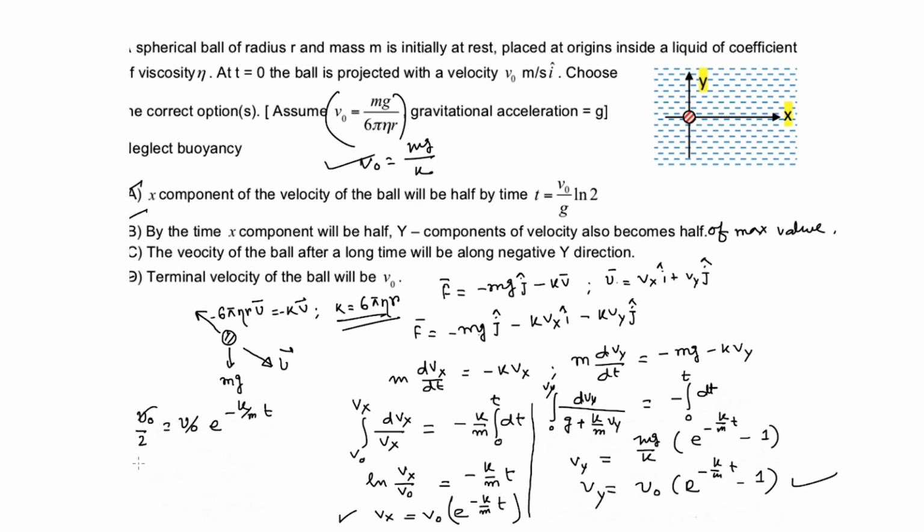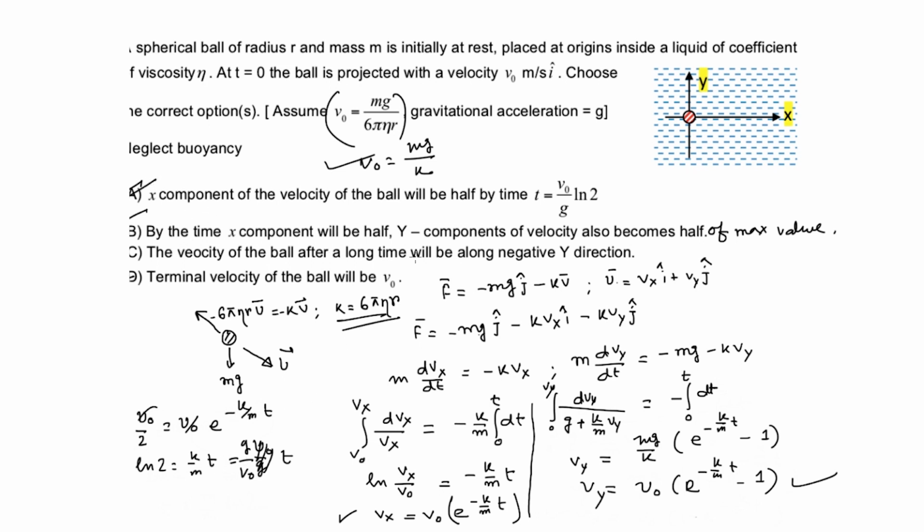So ln 2 is equal to k by m into t, and k by m is equal to g by v naught. So the value of t will be v naught by g ln 2, that is the correct option.